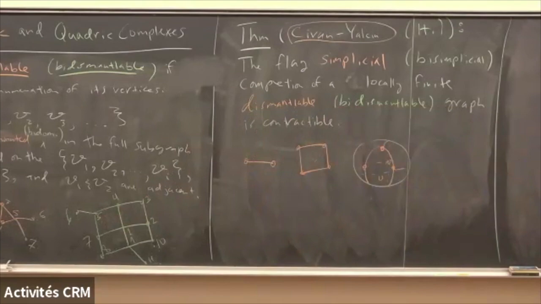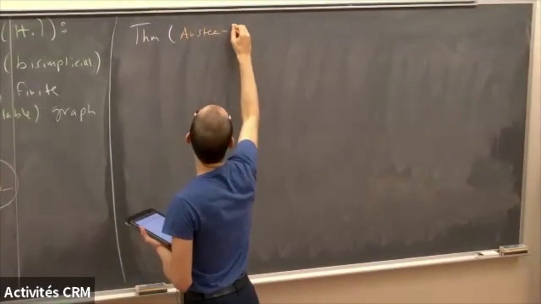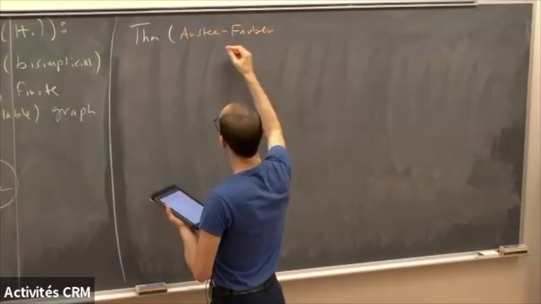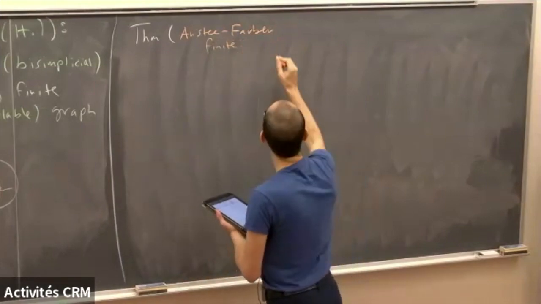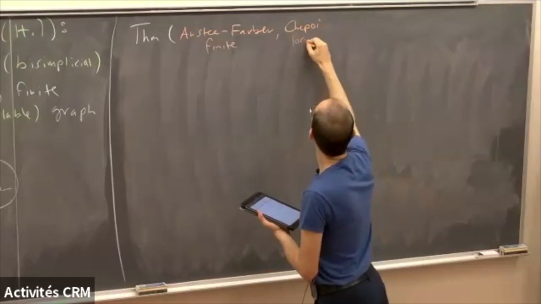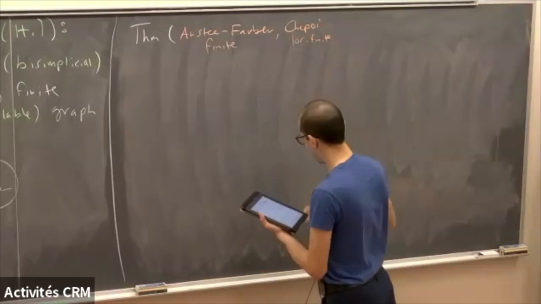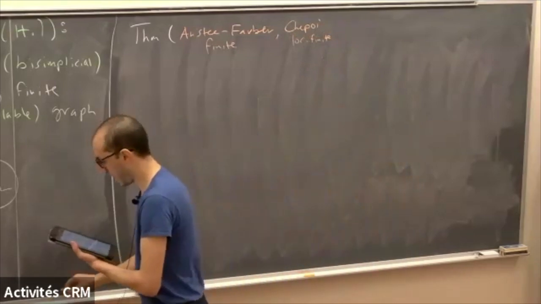All right, so let me just finish by stating a theorem and a corollary. Theorem. There's Anstee and Farber in the finite case, extended by Chepoi to locally finite. I guess maybe not explicitly, but the argument is the same.